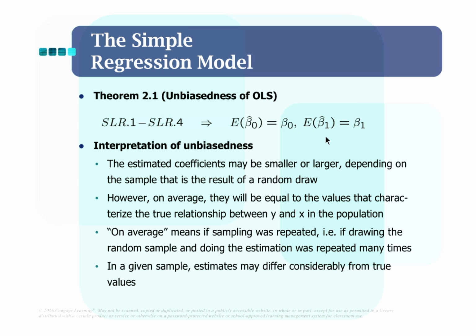So it can be greater or smaller than its expected value. But on average, beta 1 hat will be very close to beta 1.